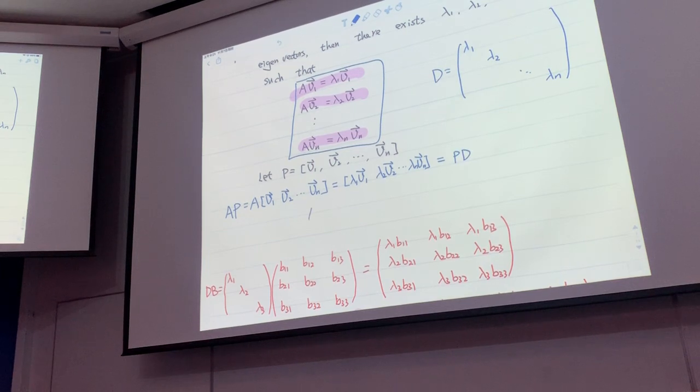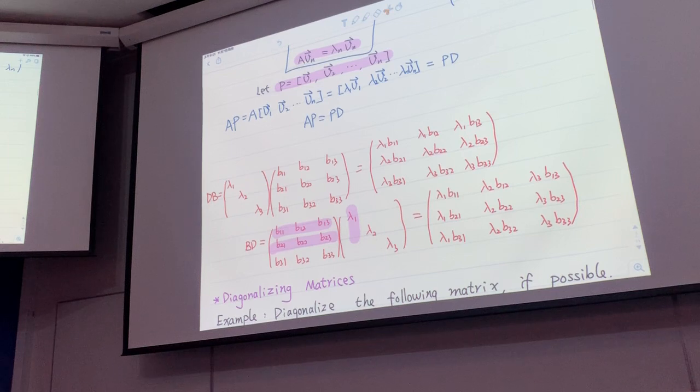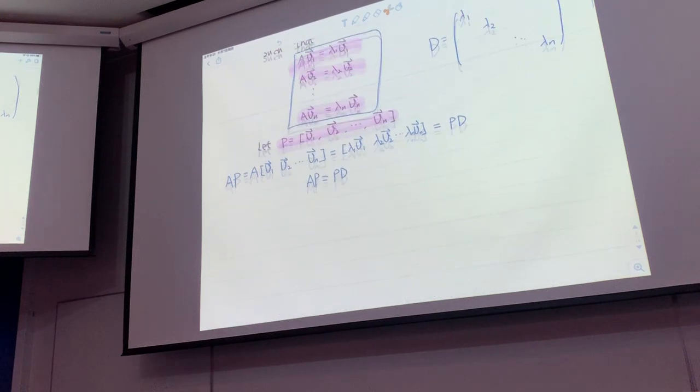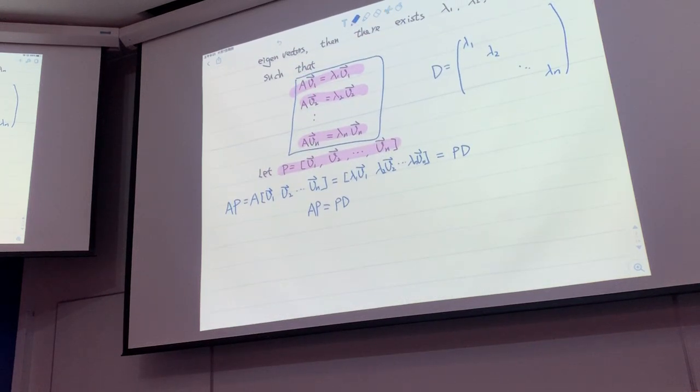So we get the formula AP equals PD, and P is this matrix. AP equals PD, right?